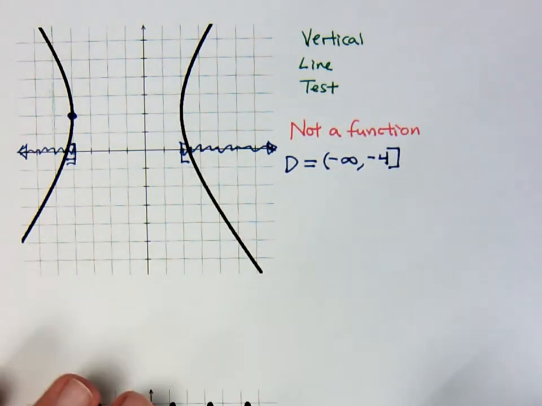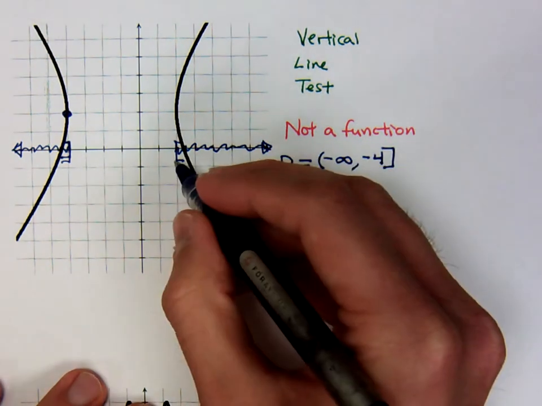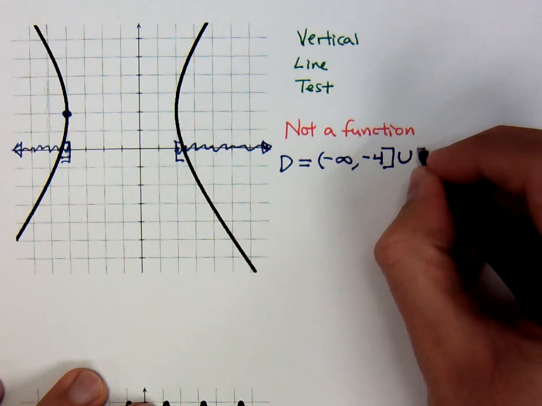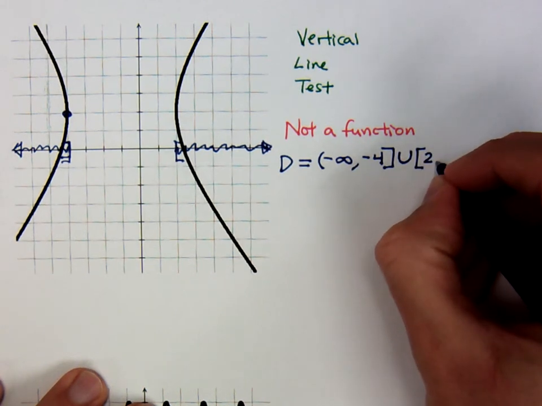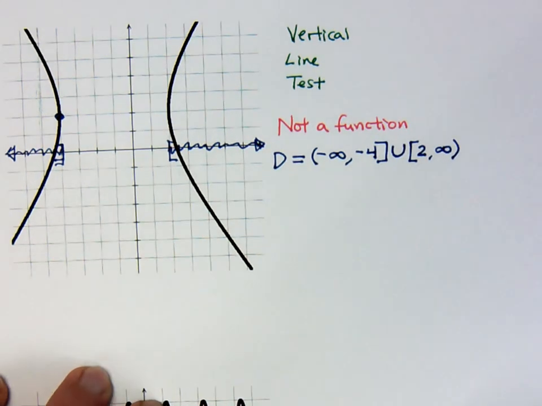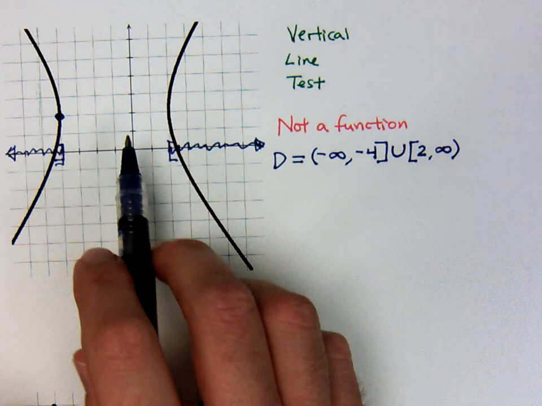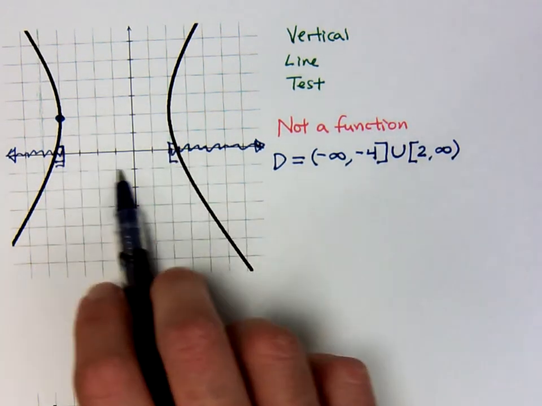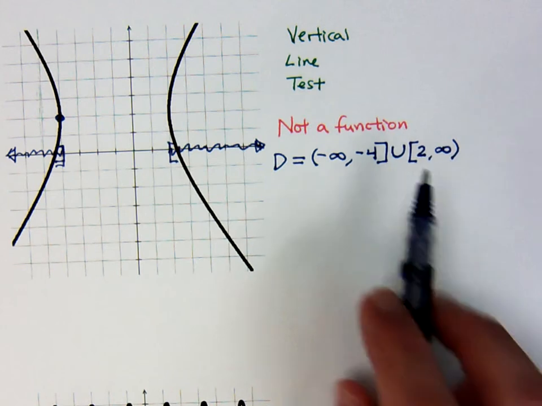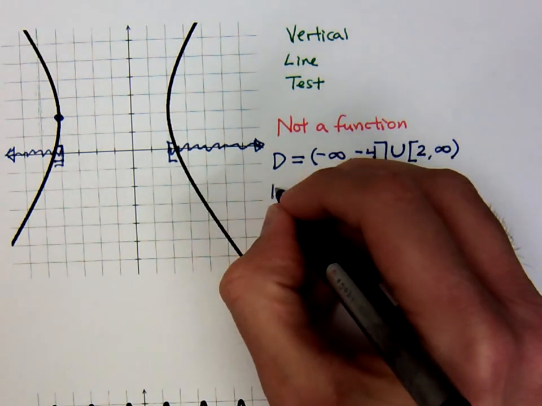And the other piece, we're going to have to join this right here, so we use the union symbol. We're going to join this when x equals +2, and it's going to increase to the right without bounds, so it's going to go to +infinity. So you can see there's nothing that we're using in between -4 and +2, so that's why it's not included in the domain.